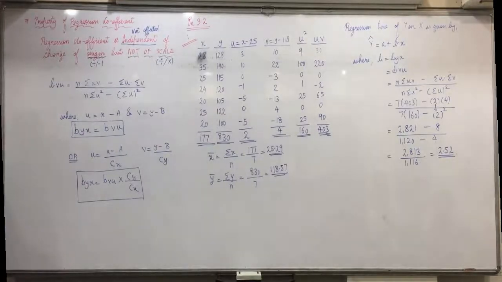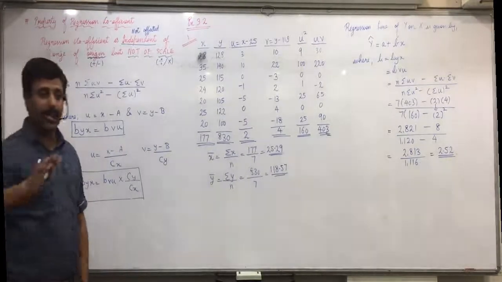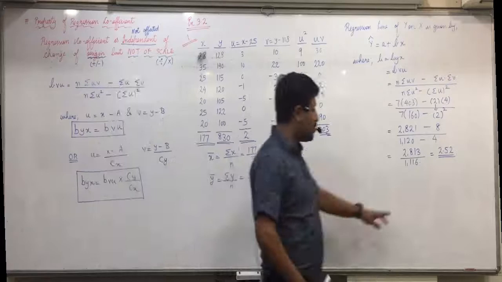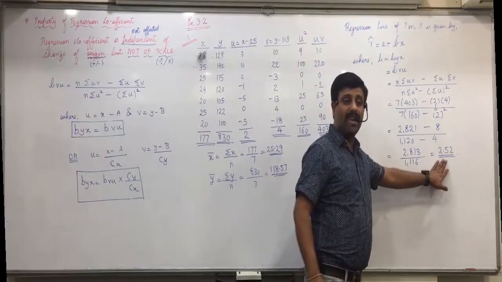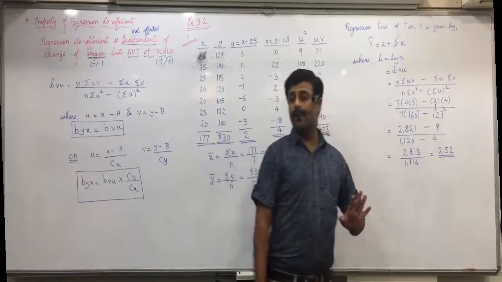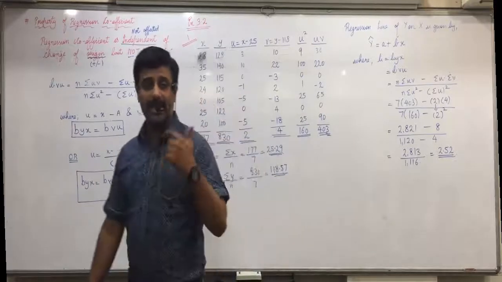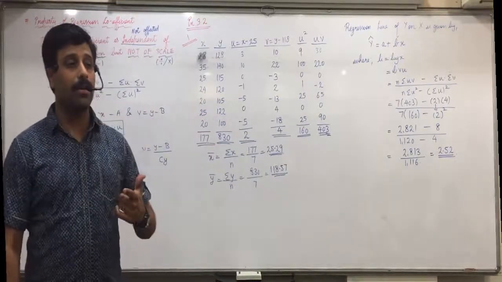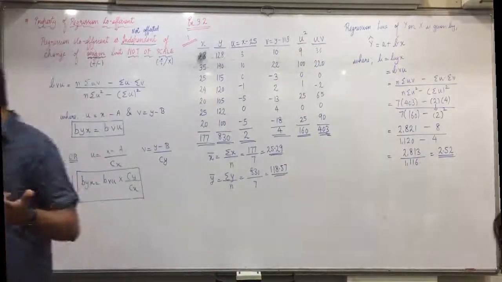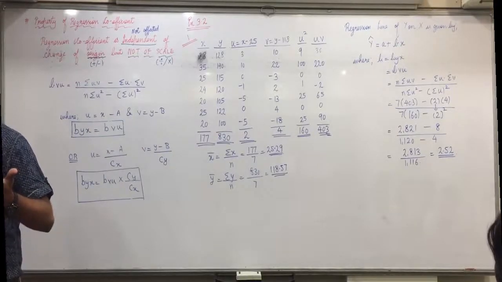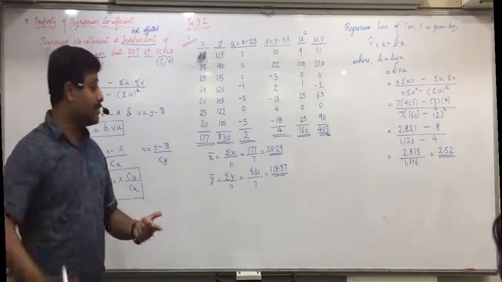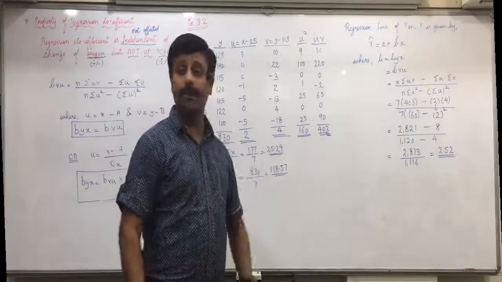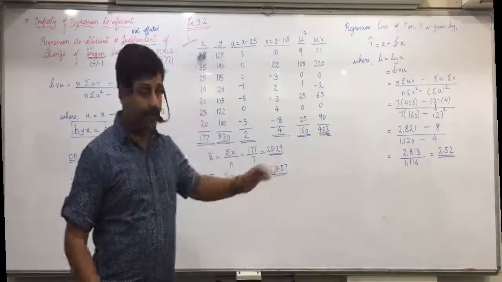Y is yield of cotton. Then yield of cotton will change by 2.52 quintals. Your cotton's production will increase by 2.52 quintals. Did everyone of you understand this?